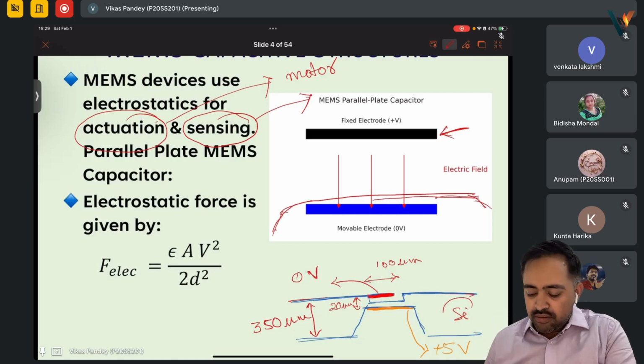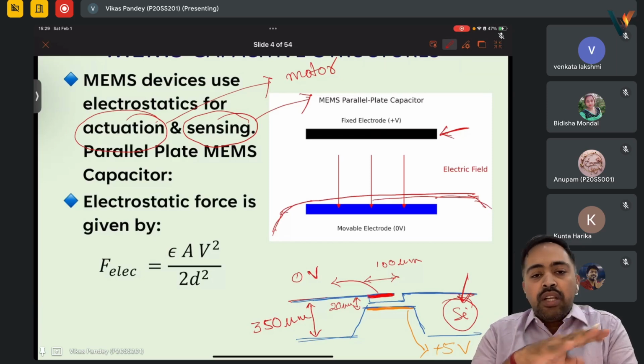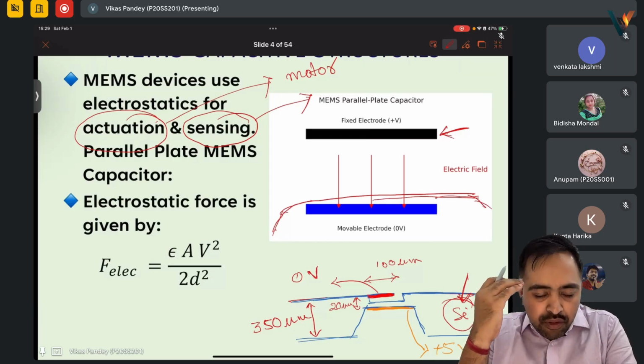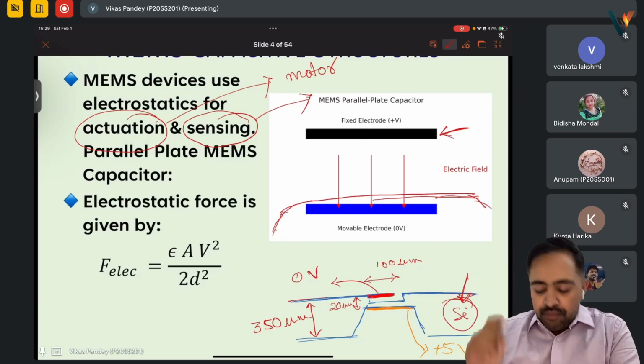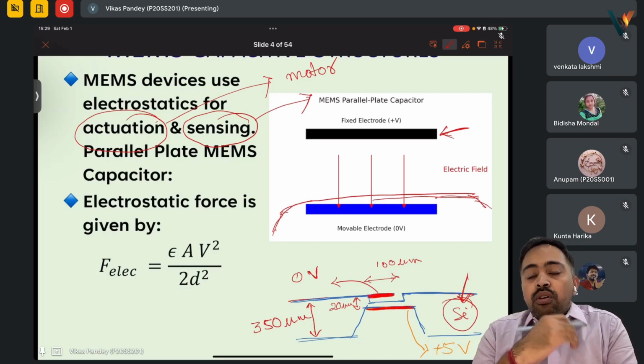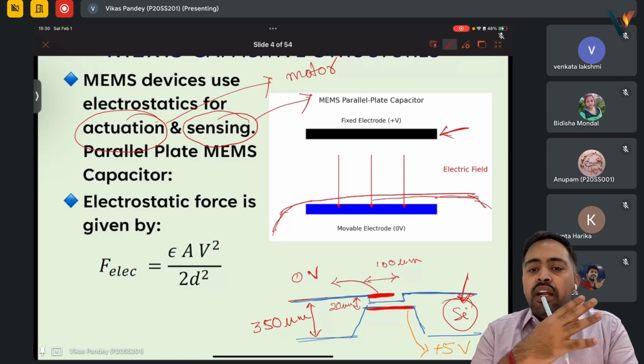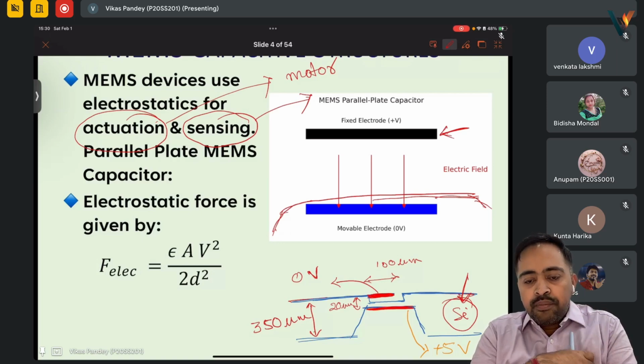Silicon has the property to work as an insulator when not doped. But if we do doping properly, I am not discussing the full details here, but let's assume that we have doped this top area and bottom area properly to act as conductors, let's say very highly doped n-type areas.